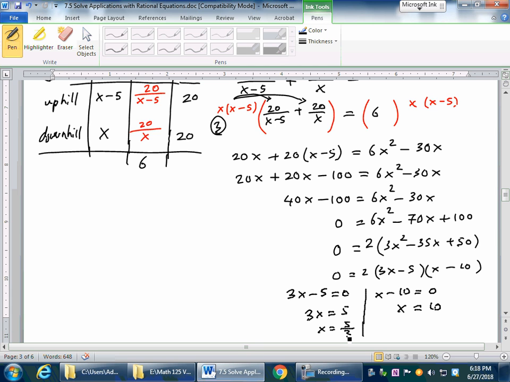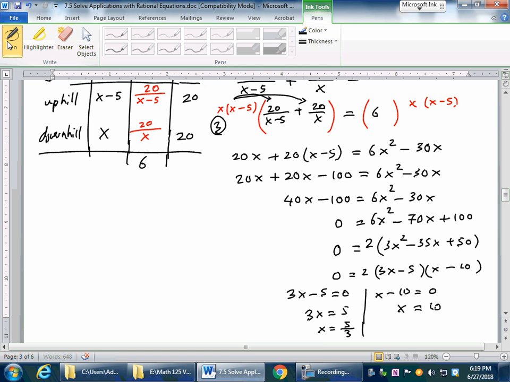So we have two situations right here, but however, one of them cannot happen, because 5 over 3 minus 5, that is a negative number. So we know that the speed cannot be a negative speed, so therefore this is not a good answer.